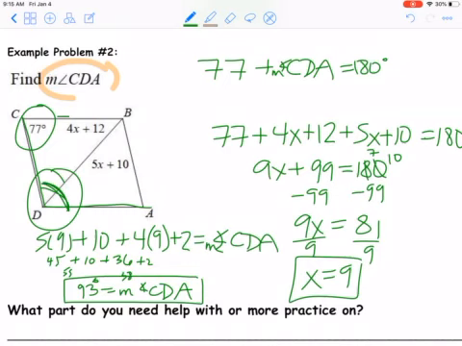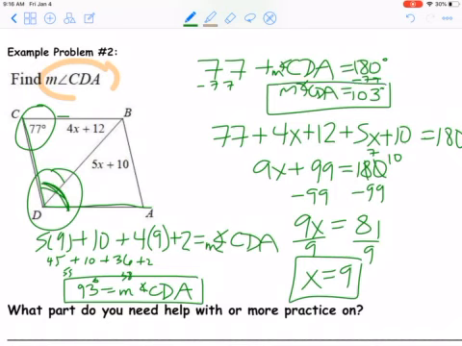Shortcut all of that work, and you get the measure as, let's see, subtract 77, so we get a 3 there, and we get a 10 there. See, this is what happens when I do math in my head. Let's see. What did I do wrong here? I'll find the error later.